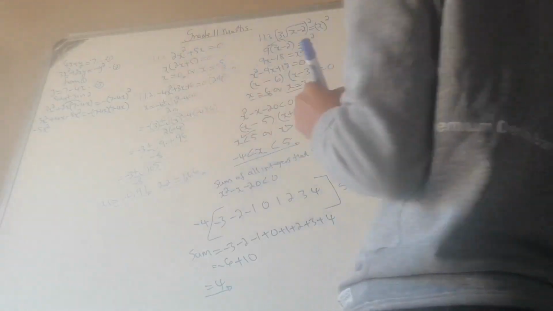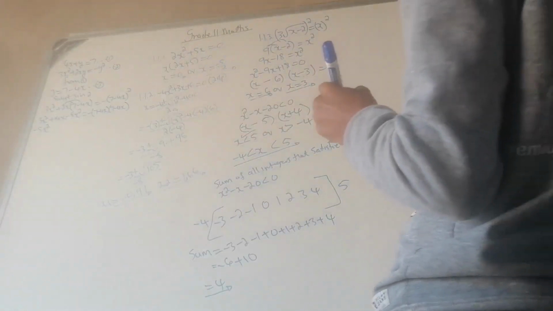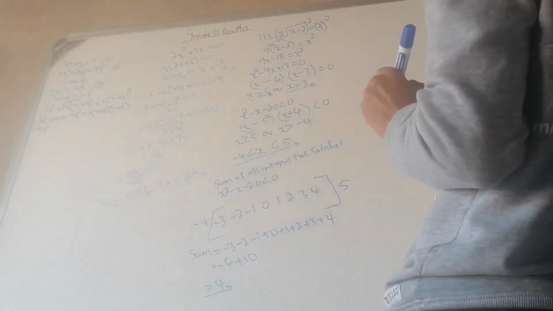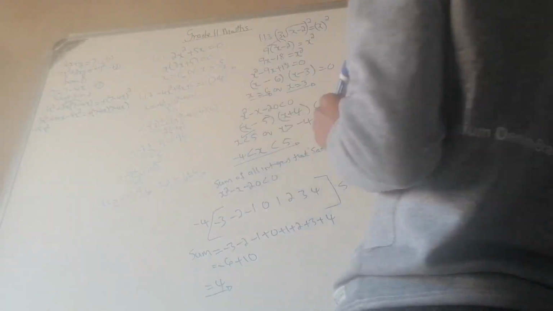Equation 2, y squared here is negative, so it becomes positive. Okay, that's fine. 3x squared minus 8x squared is minus 5x squared plus 14x. This would be 49.